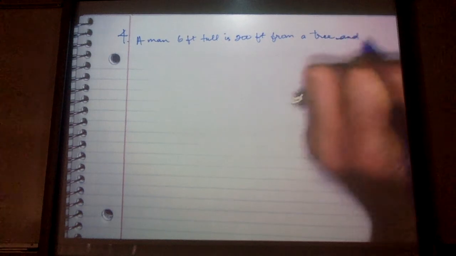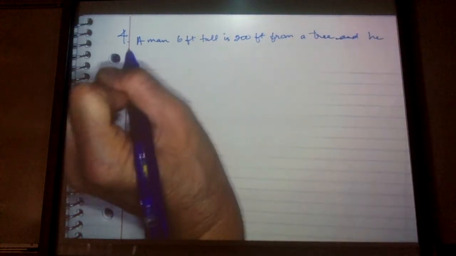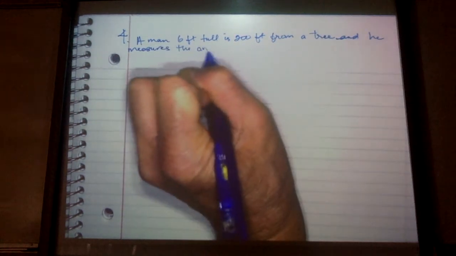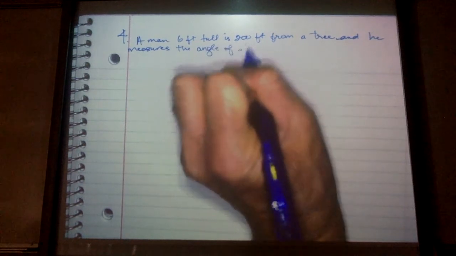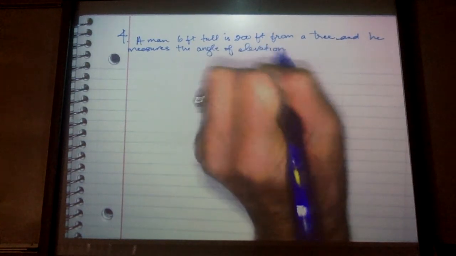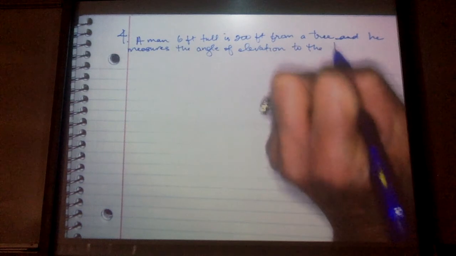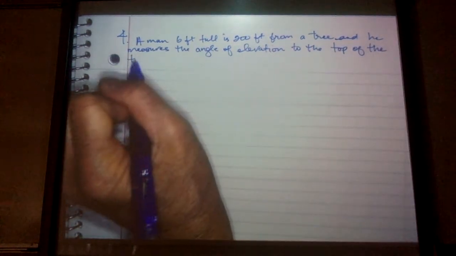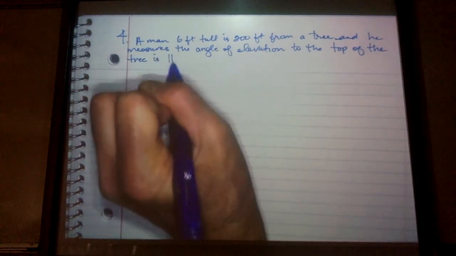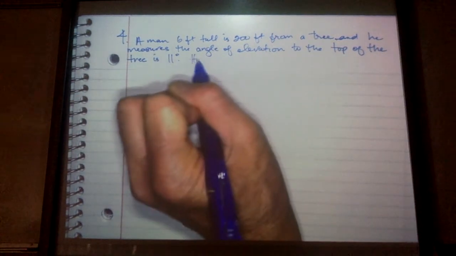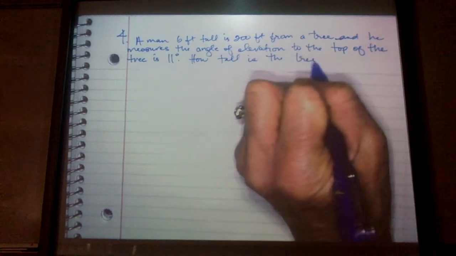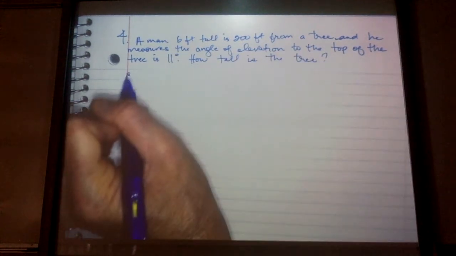And he measures, and they have tools for this, the angle of elevation to the top of the tree is 11 degrees. How tall is the tree? So again, draw a picture.